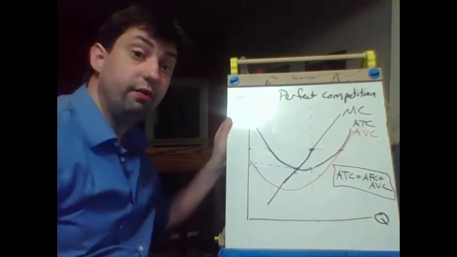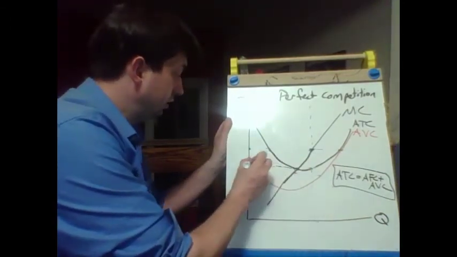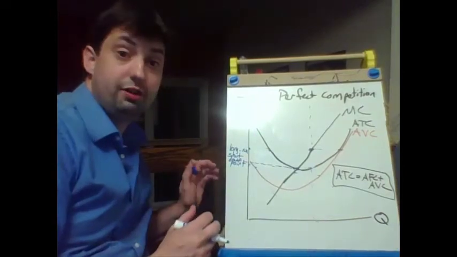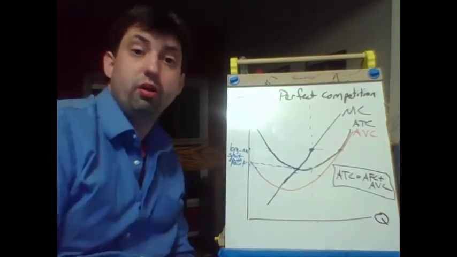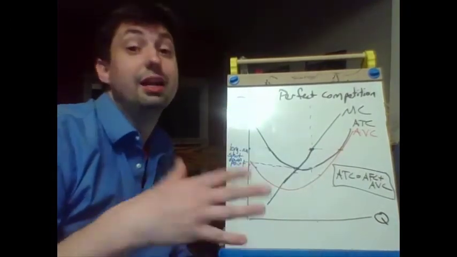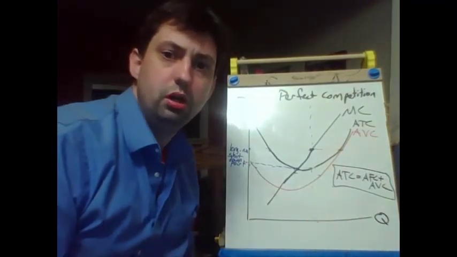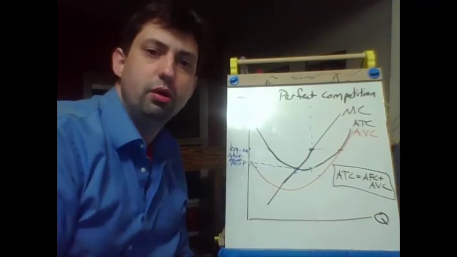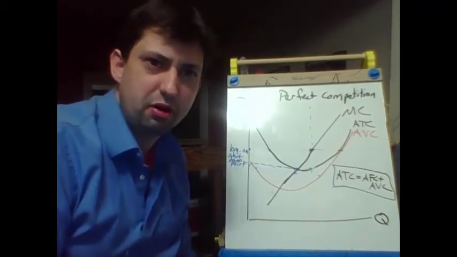So the low point of the average total cost curve right here is the long run shutdown point. It's the lowest price at which the firm stays open over the long run. You might lose money day to day, even quarter to quarter, like some retail stores might do, but it's not so much that it can't cover its variable costs and stay open.